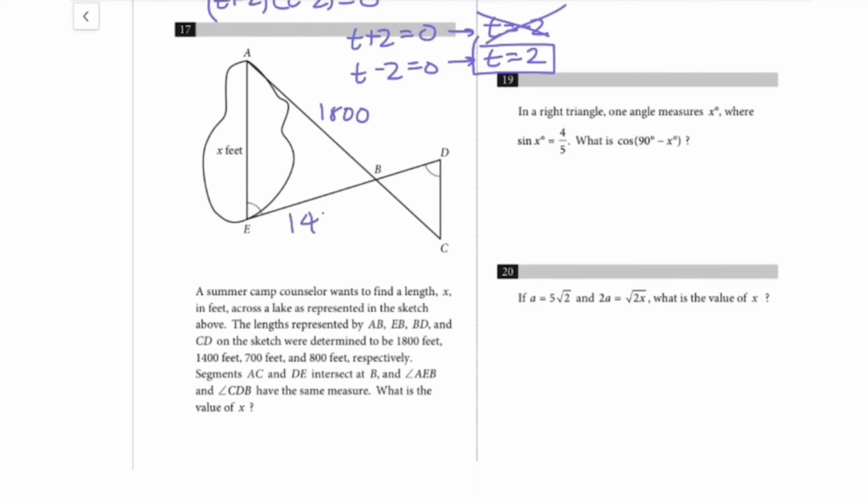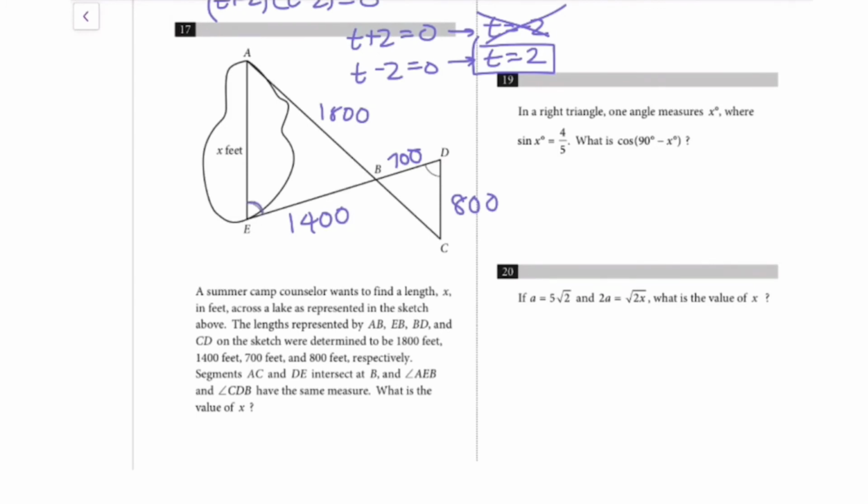EB is 1,400. BD is 700. And CD is 800. Segments AC and DE intersect at B, and angle AEB is equal to the measure of angle CDB. What is the value of x?